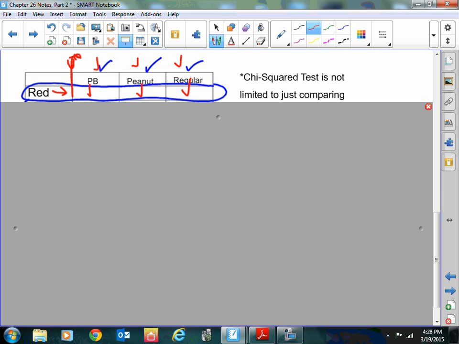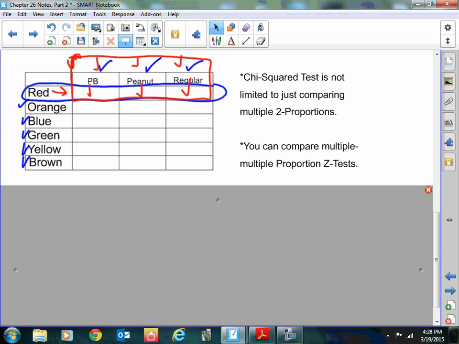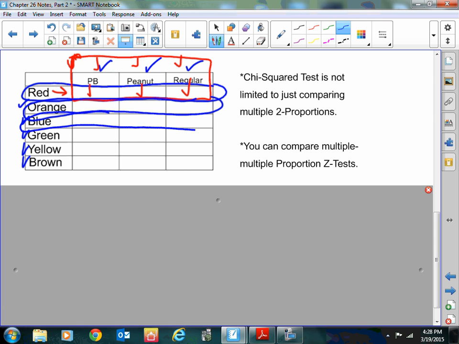So you could think of doing a goodness of fit test. But if you do multiple goodness of fit tests, that's what's happening here. Multiple goodness of fit tests at the same time for all the colors, then you also can do that.